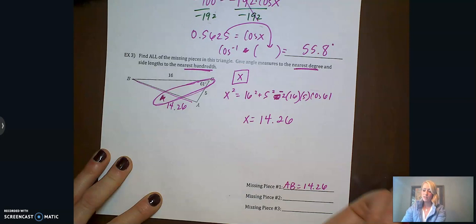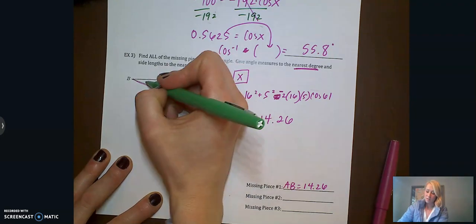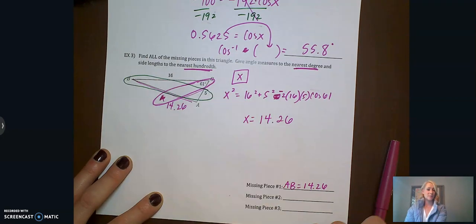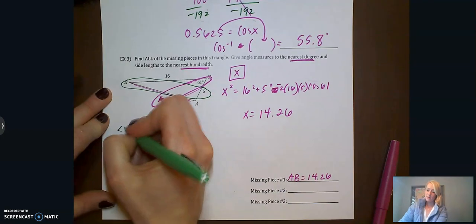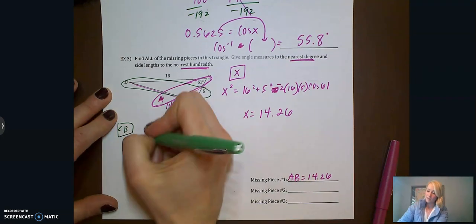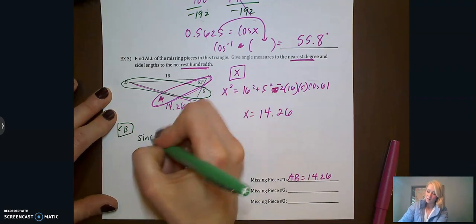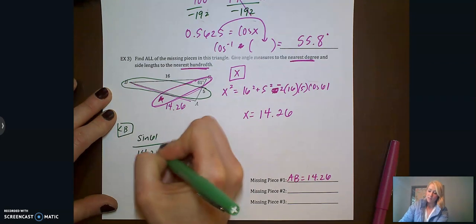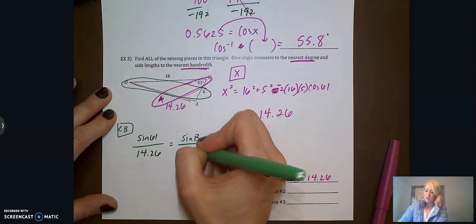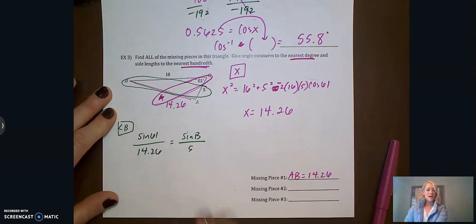I know that's 14.26. So maybe I'll just solve for angle B here. And I'll make those guys a pair. So I'm going to get angle B, and I'm going to set up law of sines because I now have two pairs. So I'm going to do sine 61 over 14.26 equals sine of B over 5.